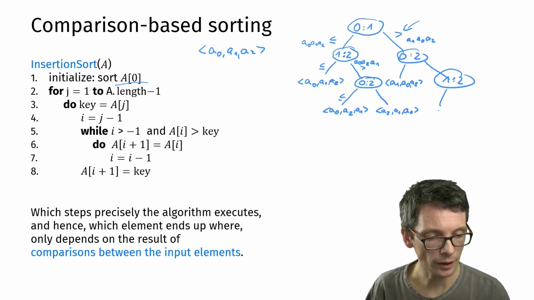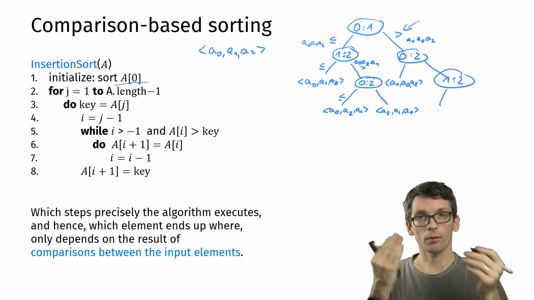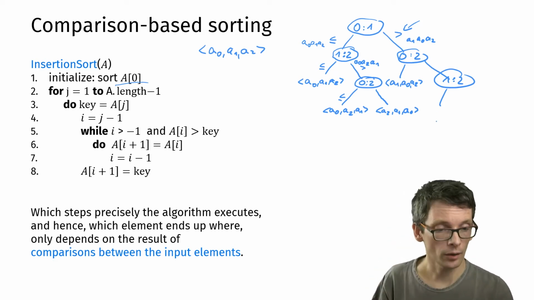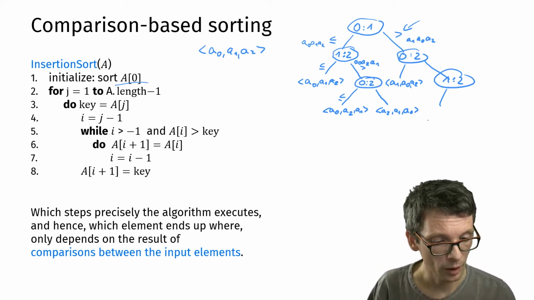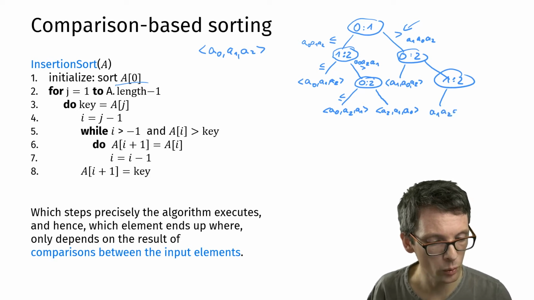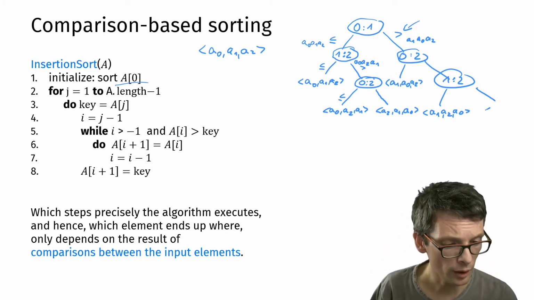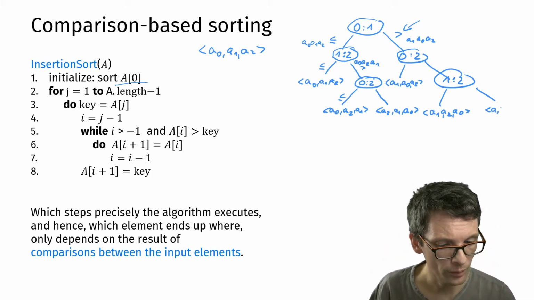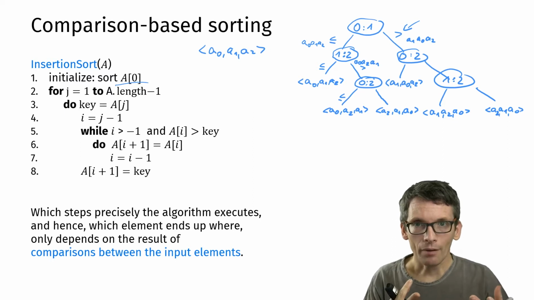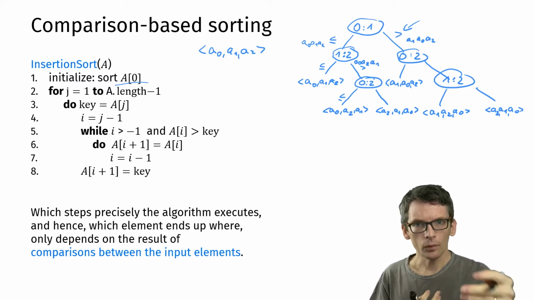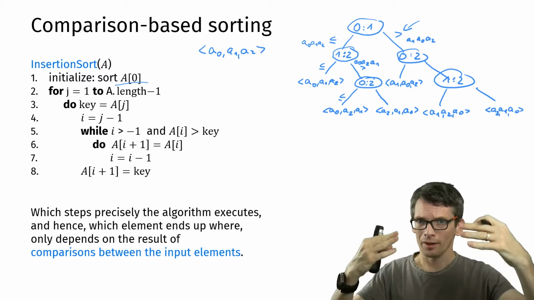Based on that comparison, if 1 is smaller, we are done, so we keep A1, A2, A0. Otherwise, we need to swap A2 and A1, so then we would get A2, A1, A0.